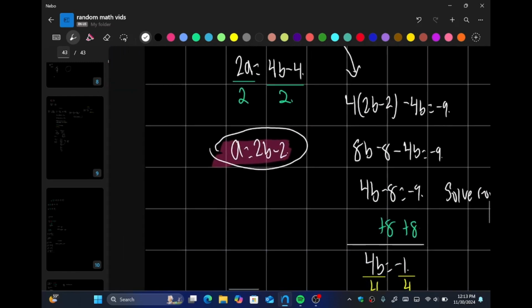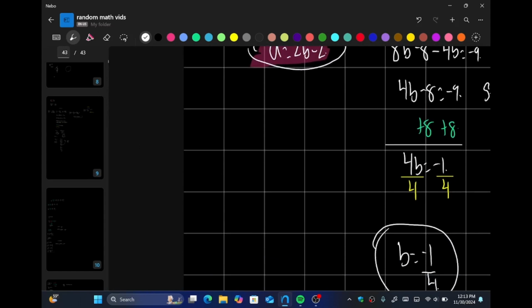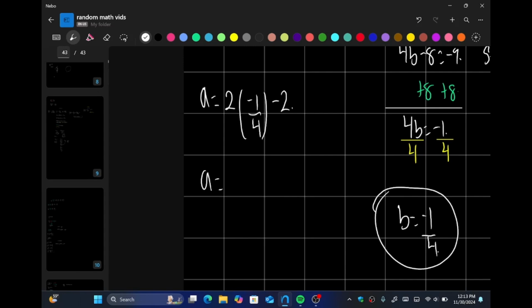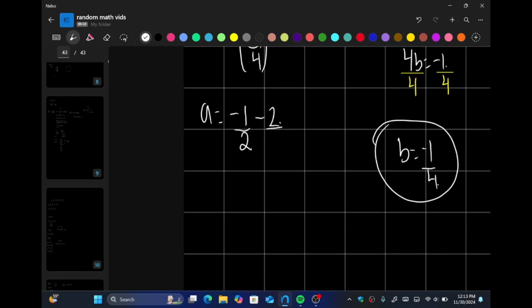Now, finally, we're just going to put that in for this. So a equals 2 times negative 1/4 minus 2, which is negative 1/2 minus 2. And if we get the common denominator, we get negative 1 minus 4 all over 2, which is negative 5/2.